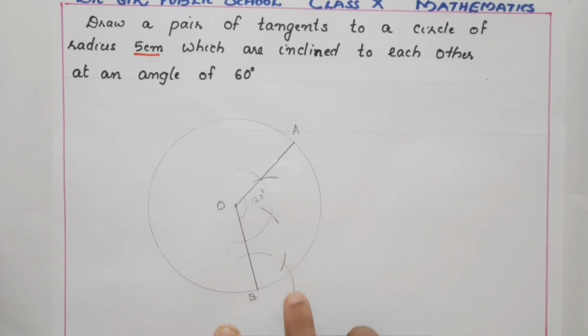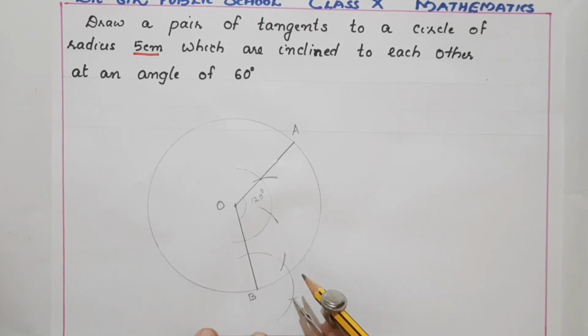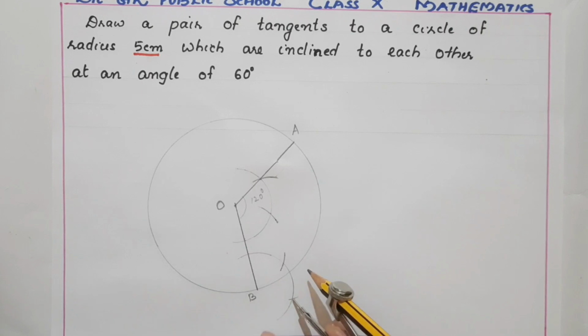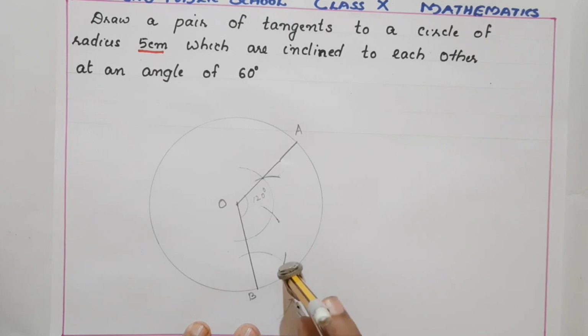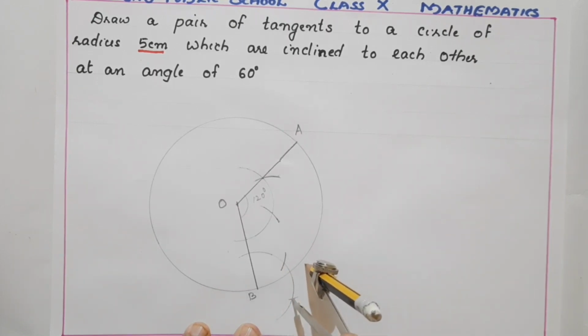How will you bisect this arc? For that, we have to fix the compass here, and the radius should be more than half of this arc length. Then draw one arc here with the same radius.